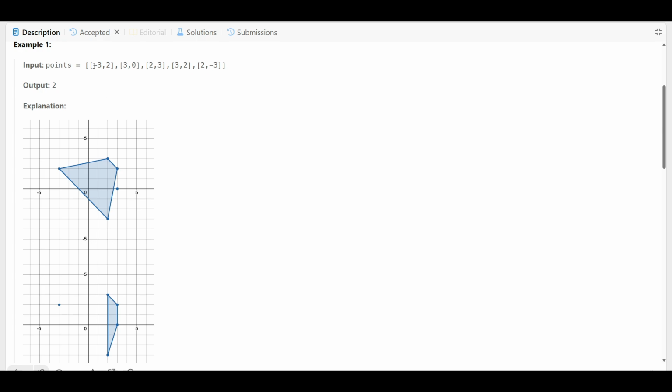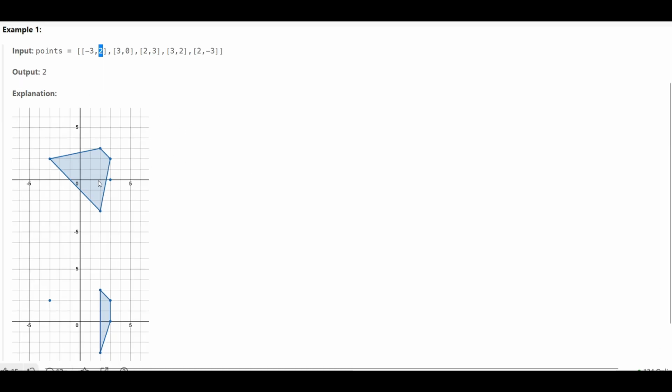If you put these values here, let's suppose we are putting -3 and 2. The very first point is -3 and 2.